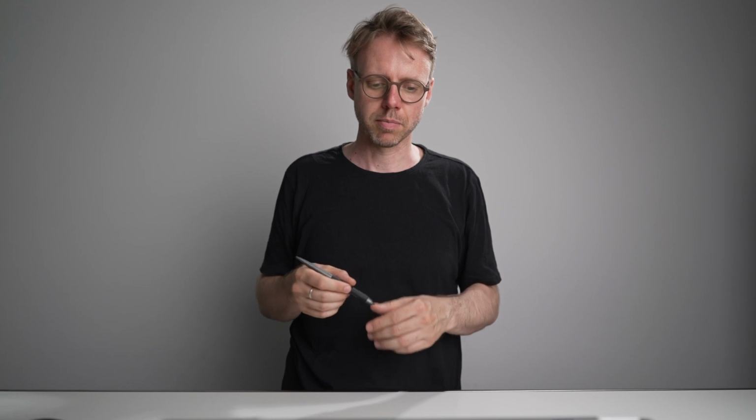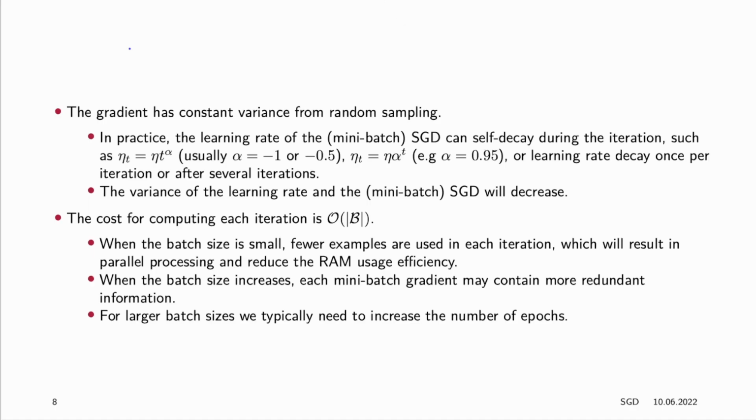In practice, we address this by reducing the learning rate from iteration to iteration. So we're applying a decay. For example, we would set the learning rate eta_t at iteration t to eta times the time step t to the power of alpha, where alpha is a negative number.